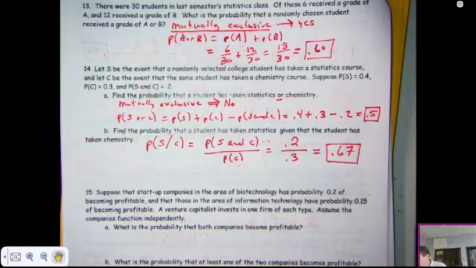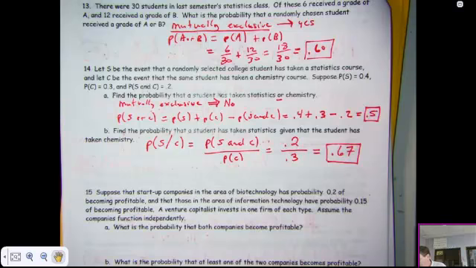15. Suppose that startup companies in the area of biotechnology have a probability of 0.2 to become profitable, and that those in the area of information technology have a probability of 0.15 to become profitable. A venture capitalist invests in one firm of each type. Assume that companies function independently.